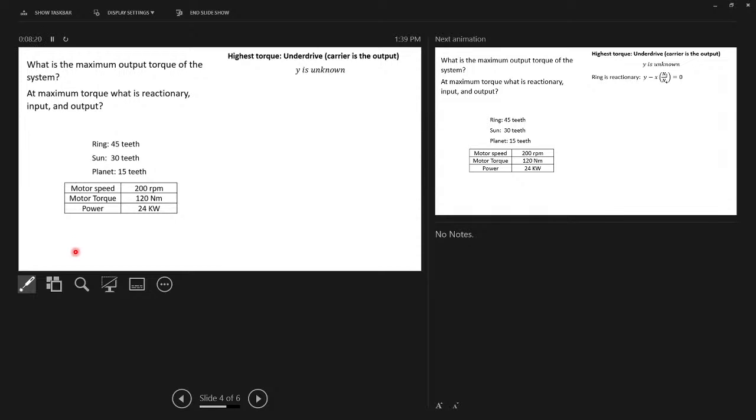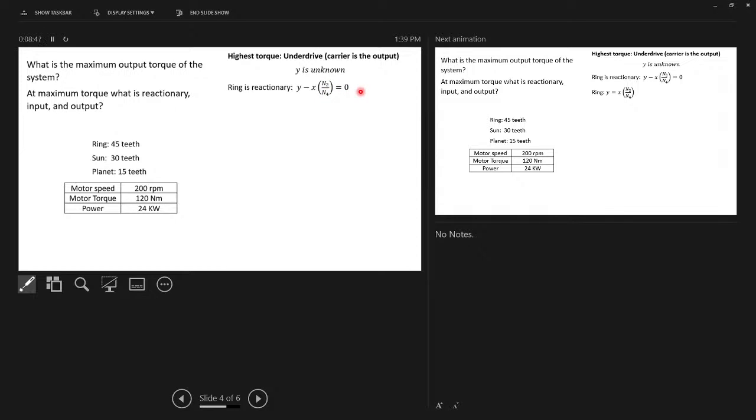In this condition, the ring is going to be reactionary and the sun is going to be the input. When the ring is reactionary, we use our equation that covers the ring: y minus x times the ratio between the number of teeth in the sun and the number of teeth in the ring equals 0.